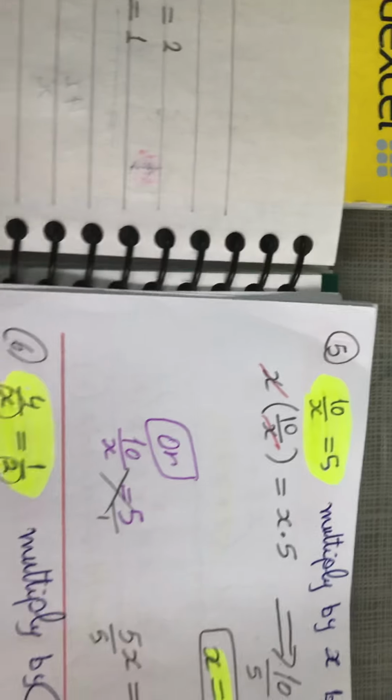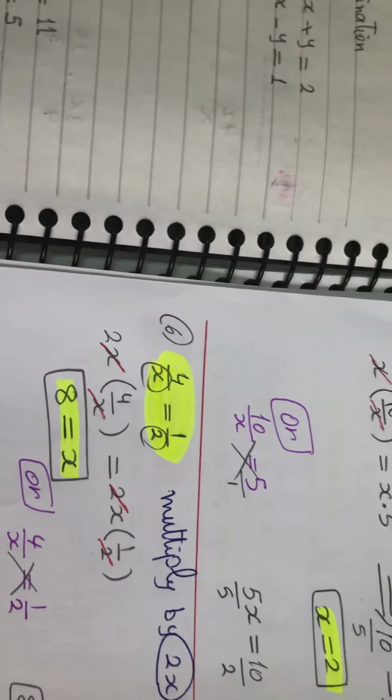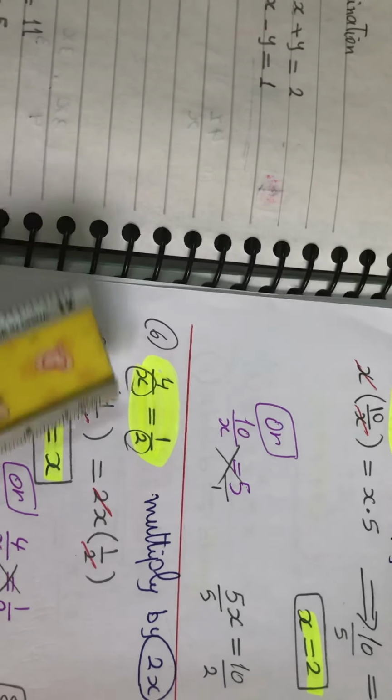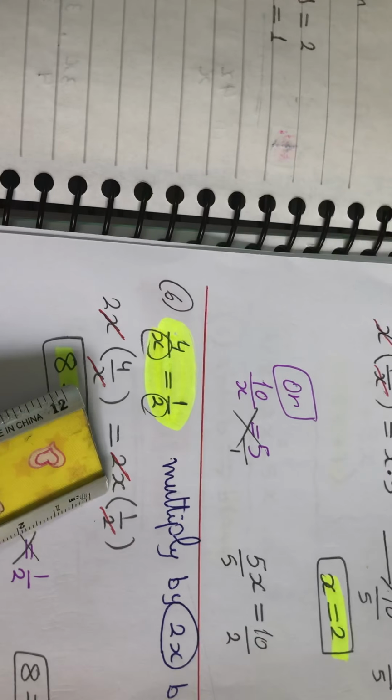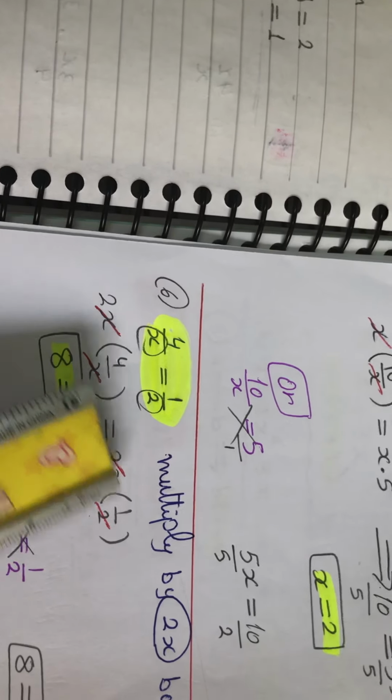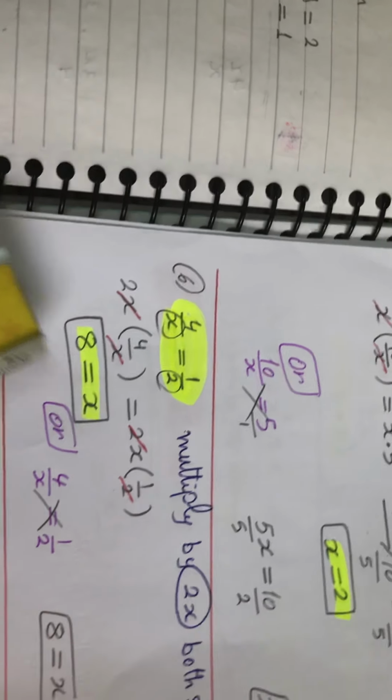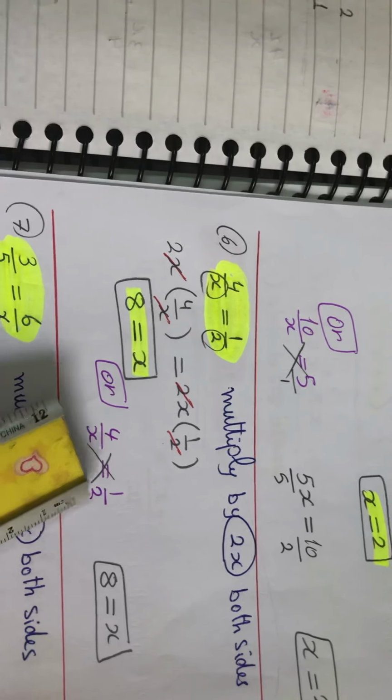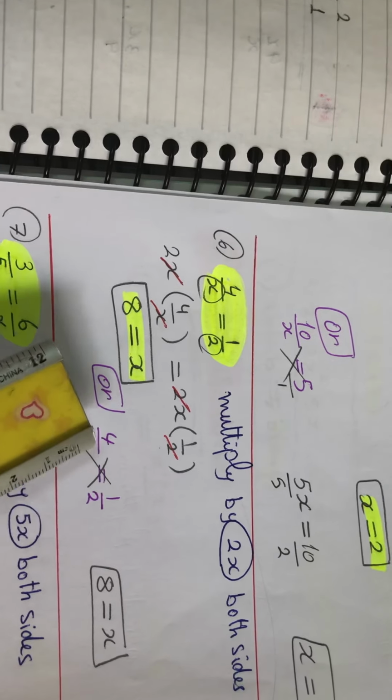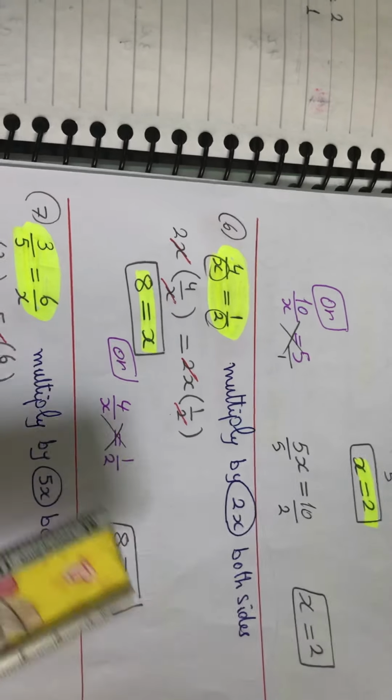Here the denominator is x and 2. So you can multiply both sides by 2x. Cancel x with x. What's left 2 multiply 4 equal 8. Cancel 2 with 2. What's left x multiply 1. So x equal 8. Or make cross multiplication. x multiply 1 equal x and 4 multiply 2 equal 8. You will get the same answer.